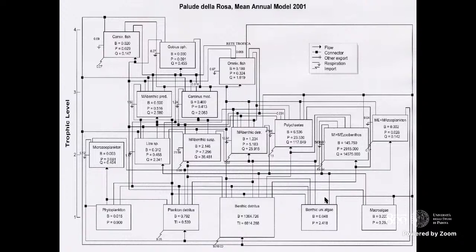And as you see here, we have collected, or if you want, clustered all the animals and organisms that are feeding on the same base in terms of food in different groups.